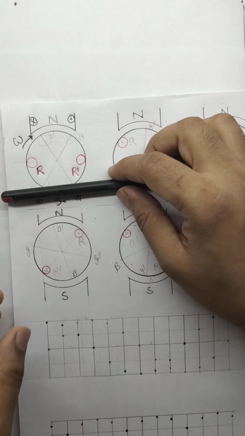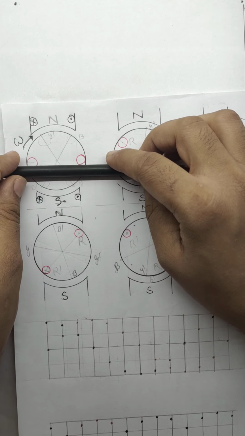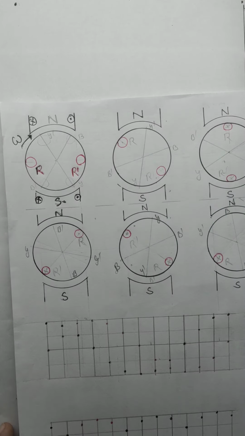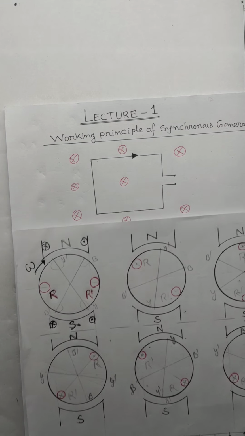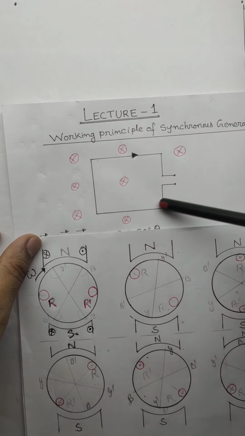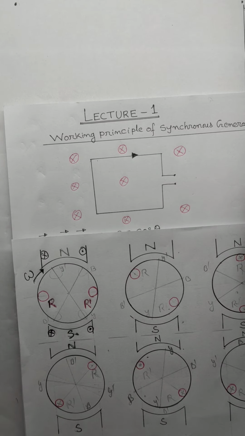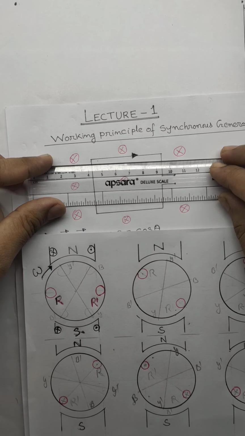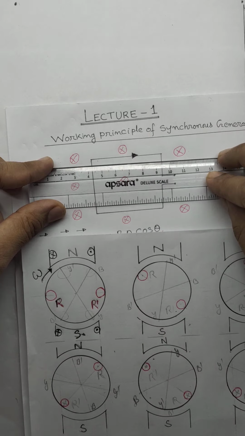Why will the induced EMF be 0? The flux linkage with this conductor is maximum. Here what we are saying is exactly the similar situation: this is my coil, which is placed like this.